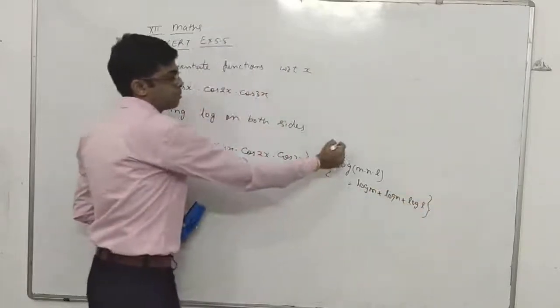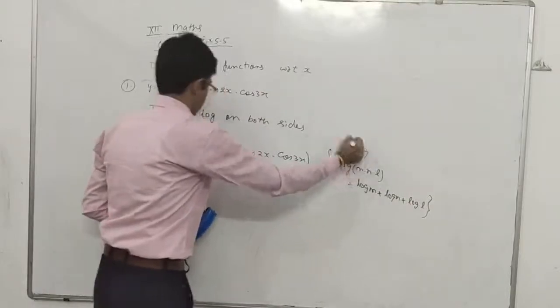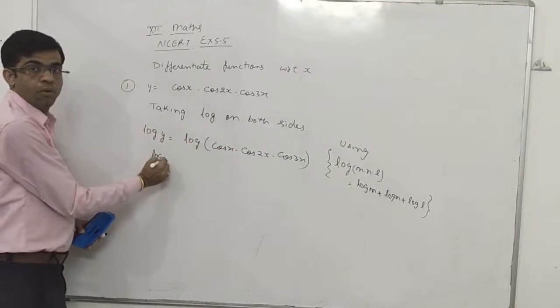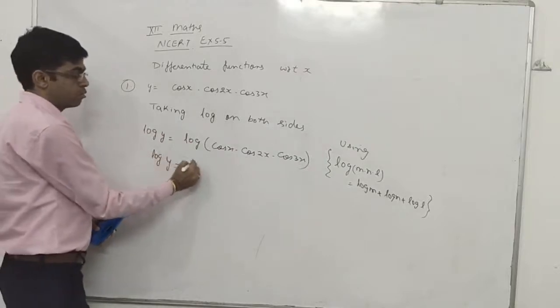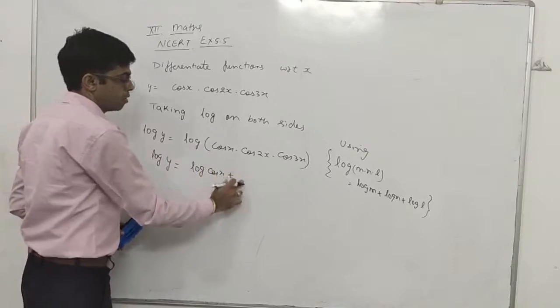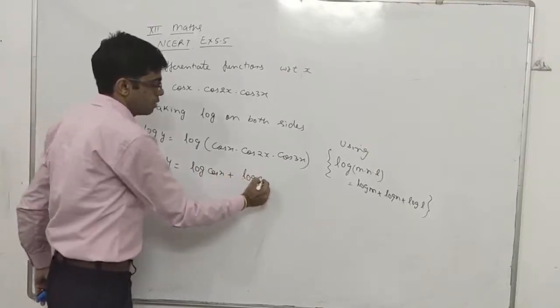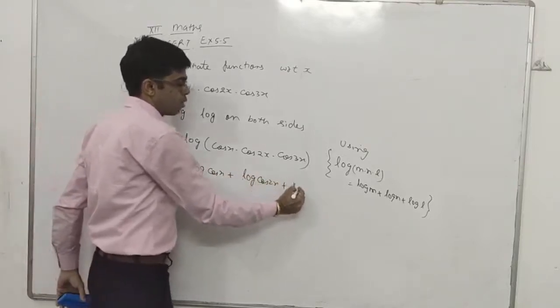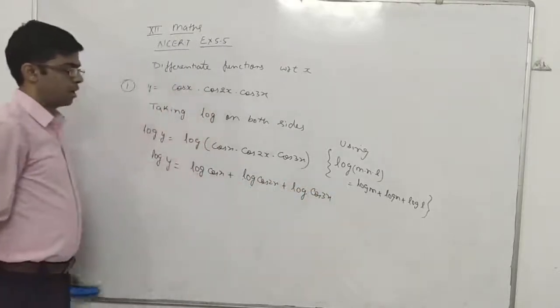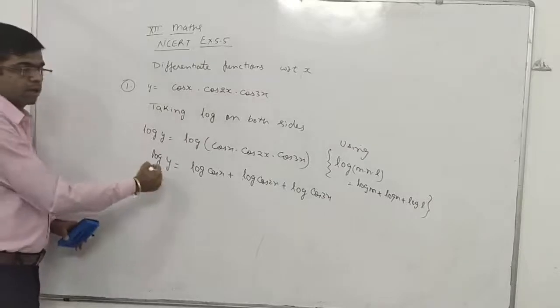So using this property, log y is equal to log cos x plus log cos 2x plus log cos 3x. These are all natural logarithms under the base e.